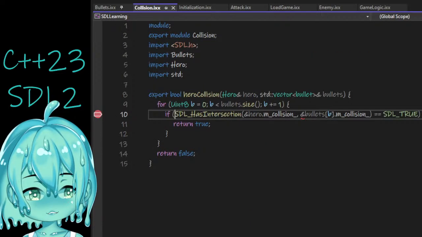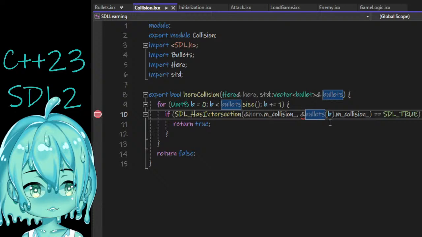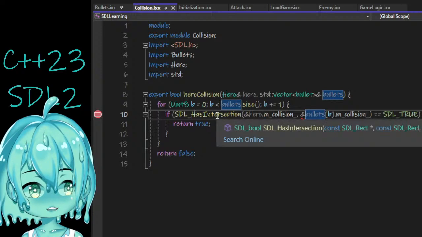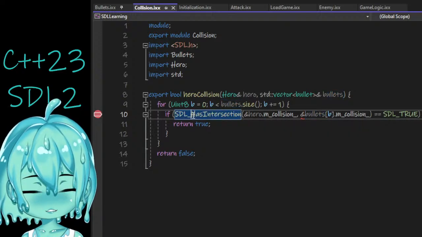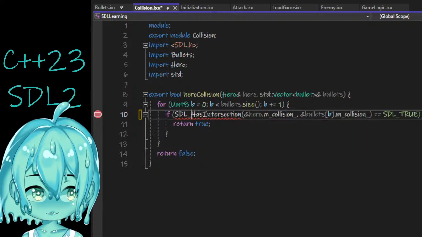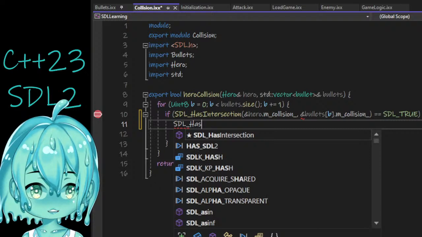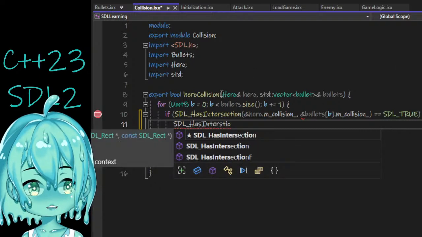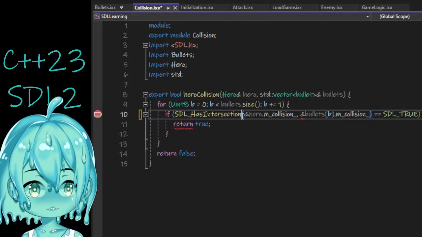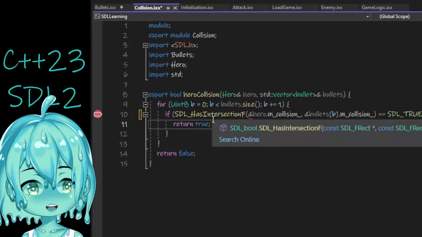Build errors. Oh. This only accepts SDL rec. So we need F has intersection? Okay, so it's a collision issue. SDL has intersection is, oh, there we go, has intersection F. And now you accept only F rectangles.